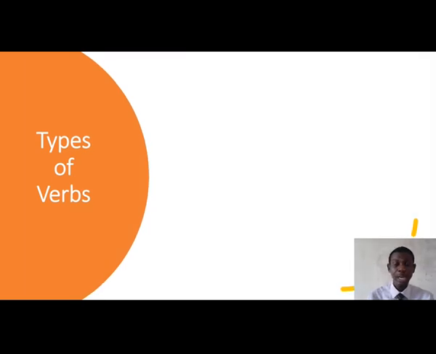Here now, let's look at the types of verbs that we have. The verb is that very special part of speech that has varying types. It all depends on the criteria you want to use.